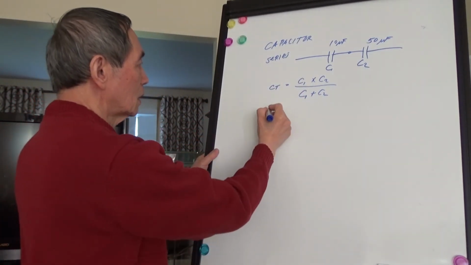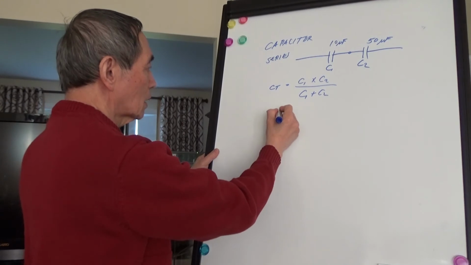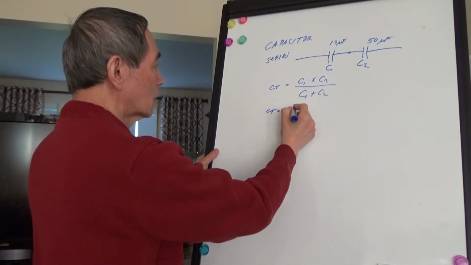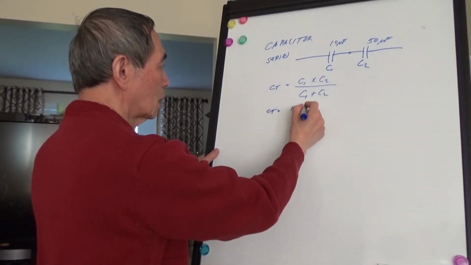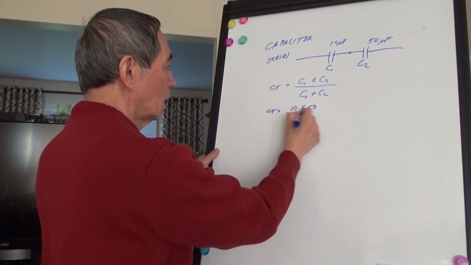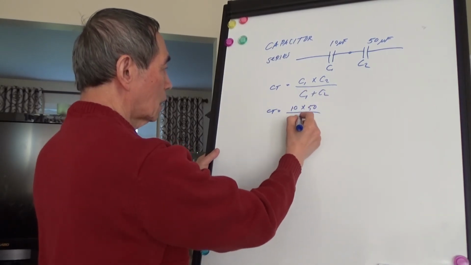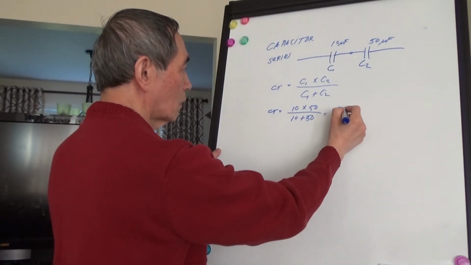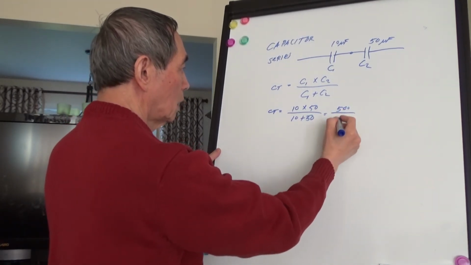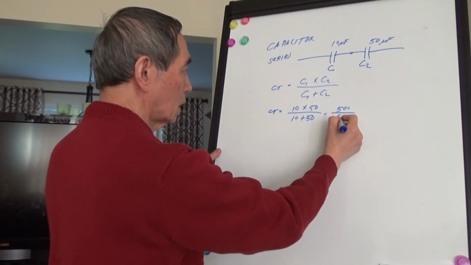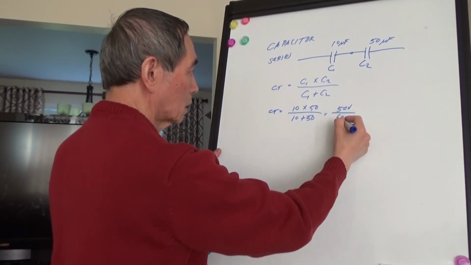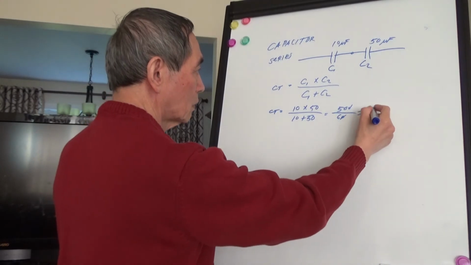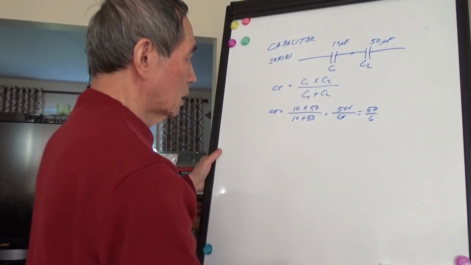So let's calculate the total capacitance: 10 times 50 over 10 plus 50 is equal to 500 over 60. Cancel the two zeros, 50 over 60.